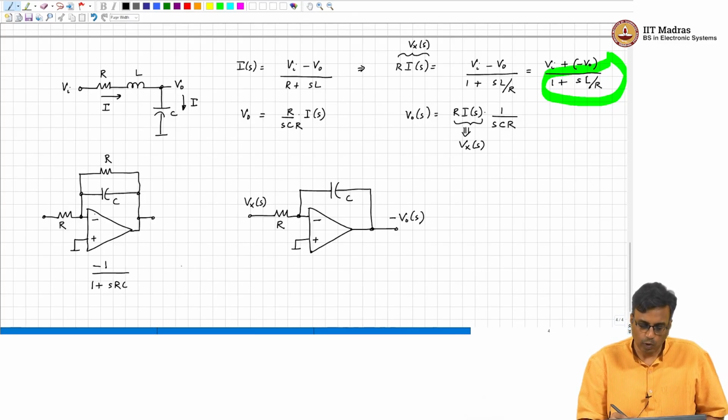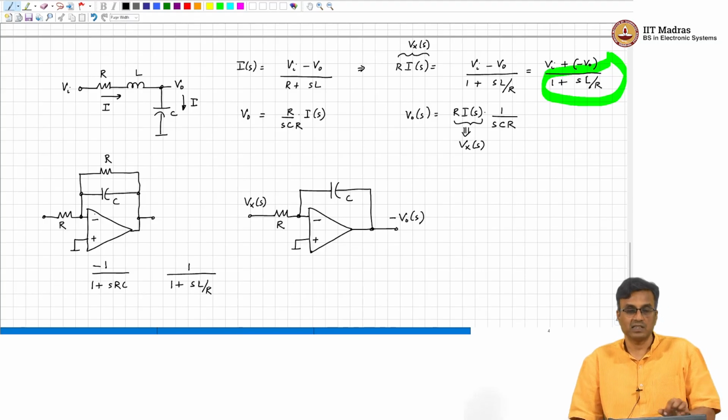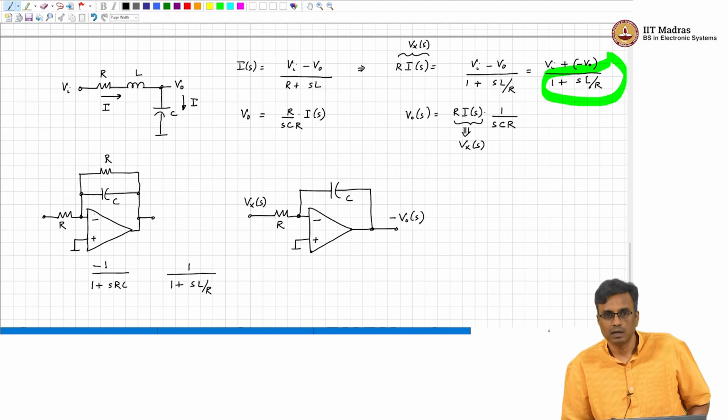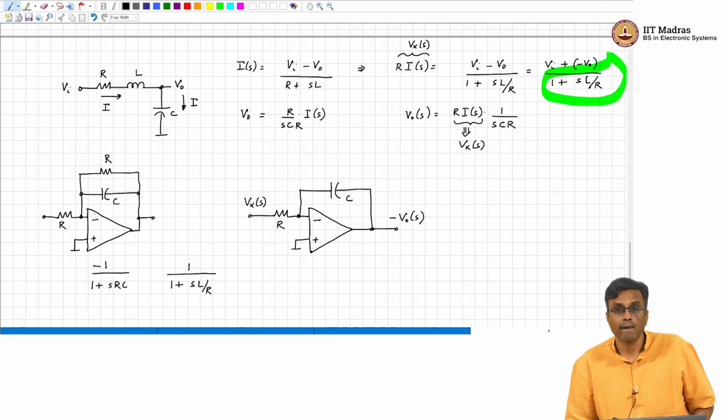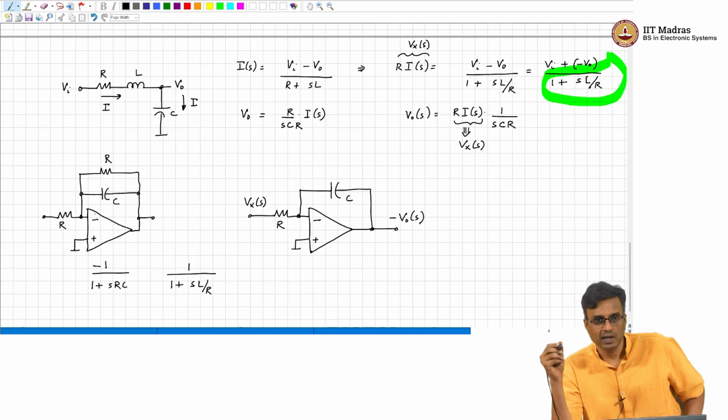But what do we want? We want transfer function 1 by 1 plus S L by R. So, how should we choose this RC here? Now, do you understand what I am saying?